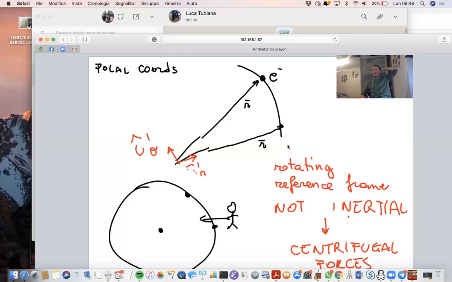And therefore, as you get closer and closer to the center, you get this force, and you have to make an effort, or actually do work, in order to reach the center of the rotating frame. And the same principle is used on space stations to simulate gravity, right? That's why you get rotating pieces of the space stations, because by rotating, the people standing in a rotating frame experience a centrifugal force.